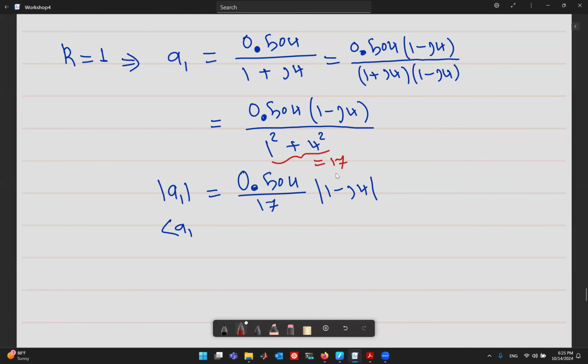No, it's not square root of 15, it's square root of 17. Yeah, I got it backwards. Because when we multiply the number with its conjugate, we get the square of the magnitude. This is the same complex number, so its magnitude will be just the square root of 1 squared plus 4 squared, the square root of 17.